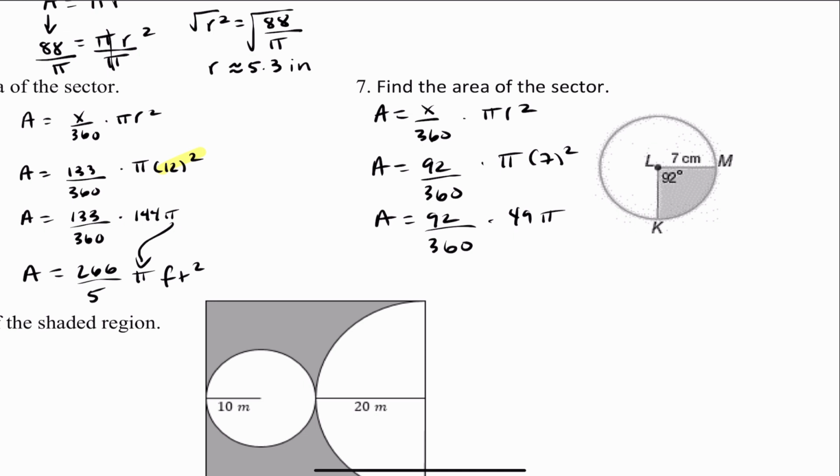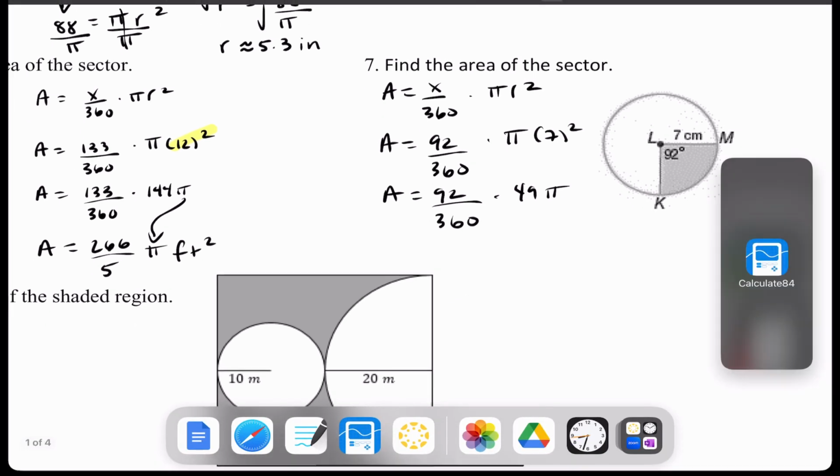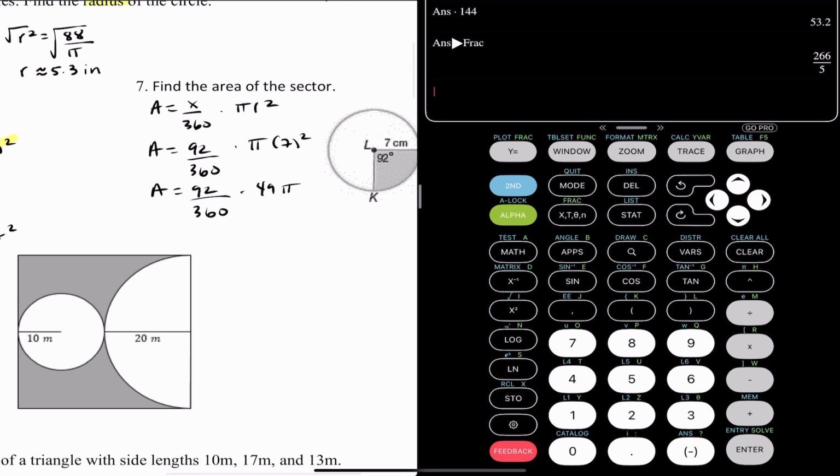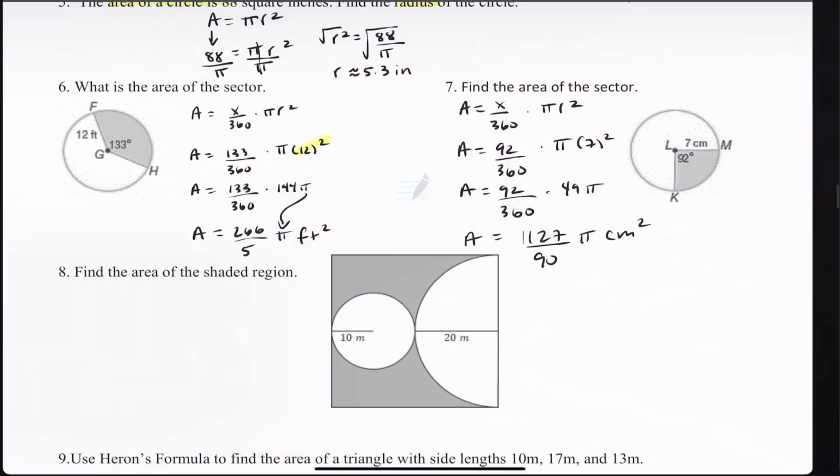All right, so now we're going to get our calculator out. 92 divided by 360, hit enter. Multiply that by 49. Math, enter, enter. So the area is equal to 1,127 over 90 pi centimeters squared.